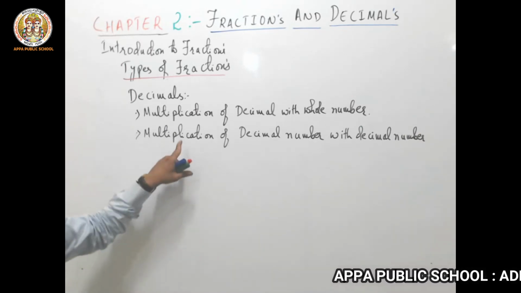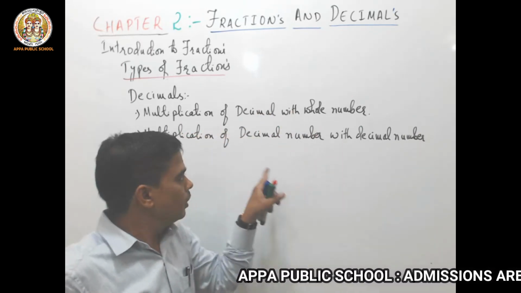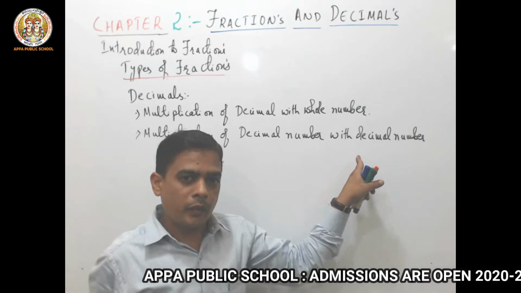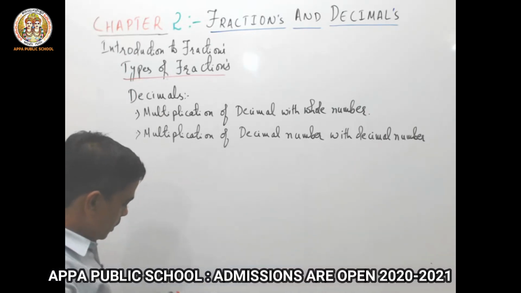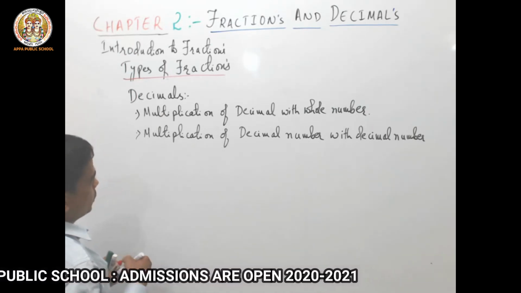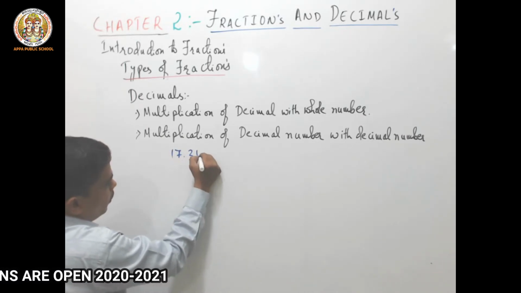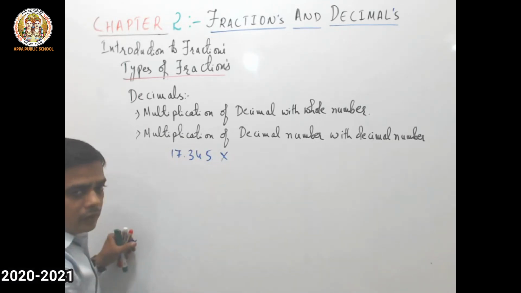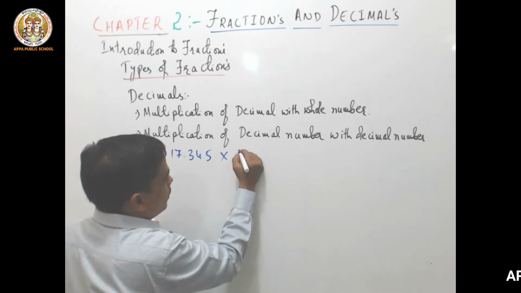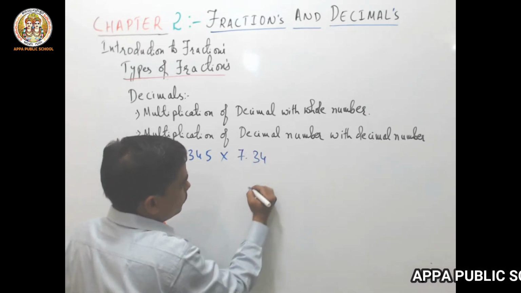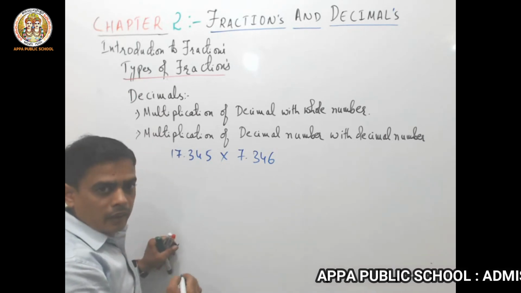First one, multiplication of decimal number with whole number. The second one is multiplication of decimal number with another decimal number. Suppose I take here two decimal numbers. Take any number: 17.345 multiplied with another decimal number, 7.346. Okay. I will take these two decimal numbers.